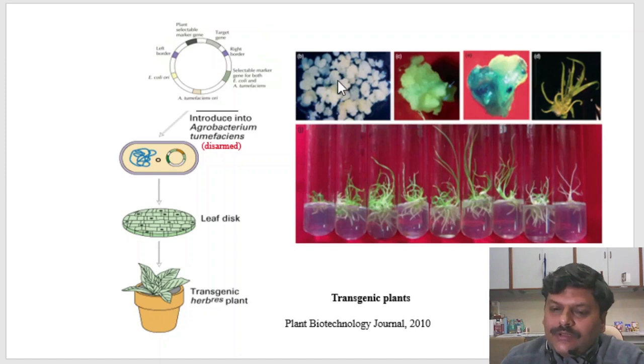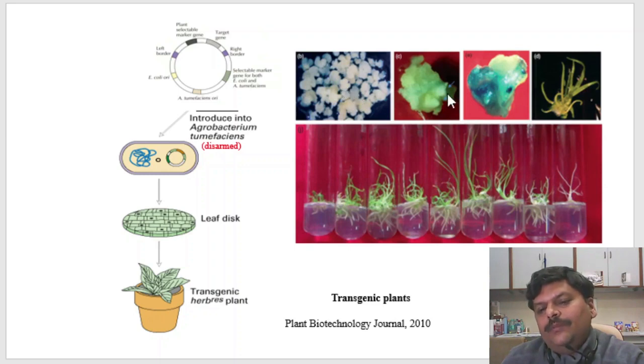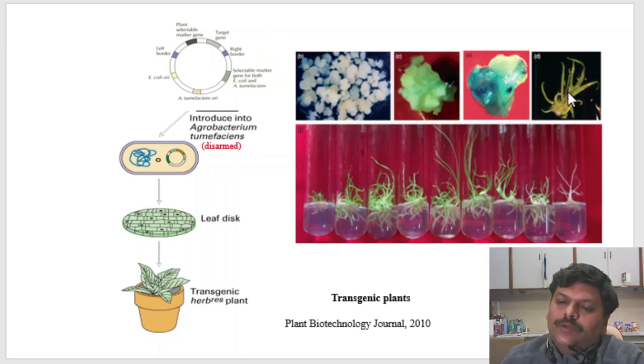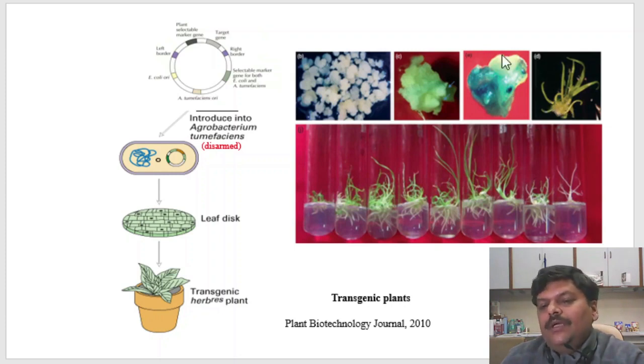After infection, these are grown on media which has kanamycin as a selection agent, and only the somatic embryos which were transformed by Agrobacterium grow into green plants on nutrient media supplemented with kanamycin. We can also do the GUS histochemical assay, and you can see that the germinating somatic embryos turn blue by the activity of the GUS gene, and these are the resultant haploid plants.